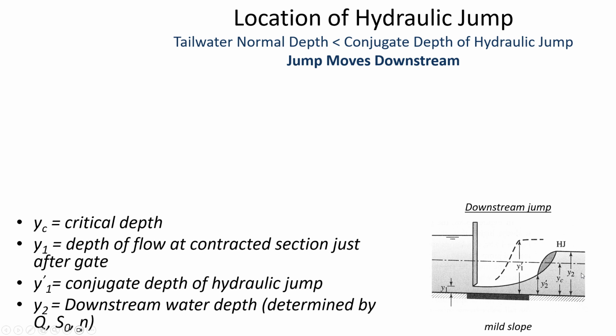So if we start on the far right-hand side, this channel has a certain slope, and it's carrying water at a given depth for the flow rate that we're putting through here. So Y2 in this figure is just the normal depth downstream.